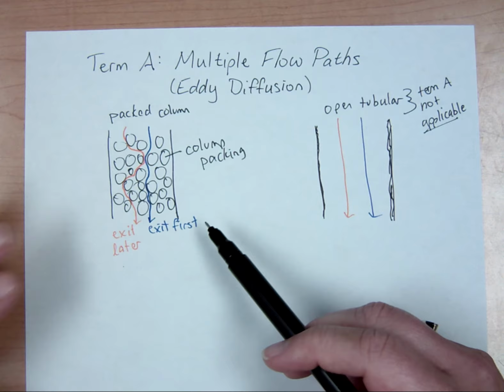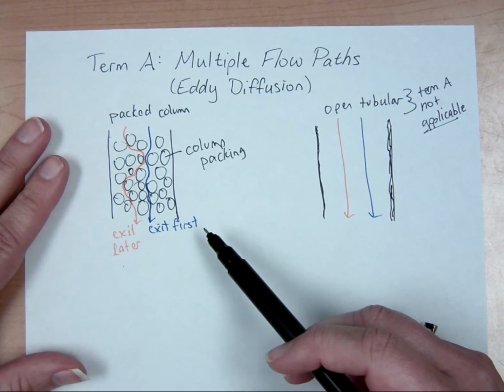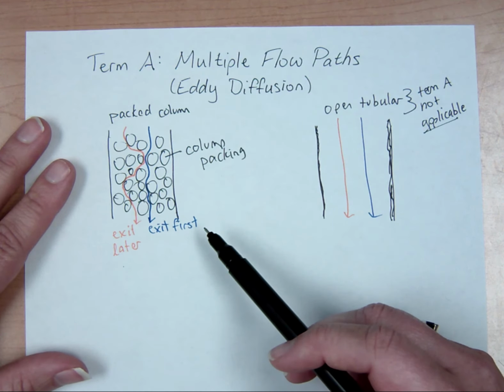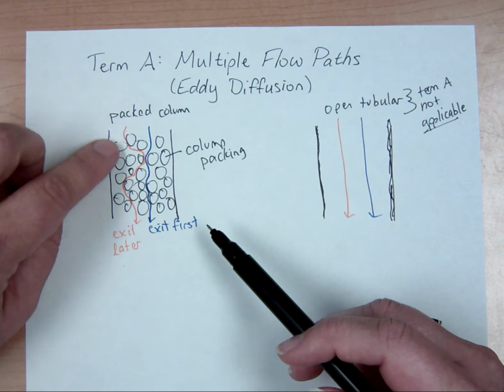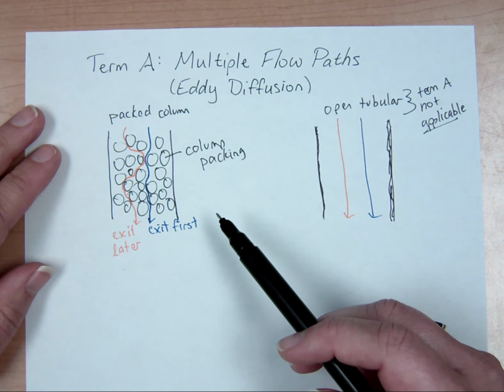Now, there are other things going on that the mobile phase will affect, but in this case, the mobile phase flow rate, or the rate at which we're moving this mobile phase through the column, is not going to affect this particular term of the Van Deemter equation.